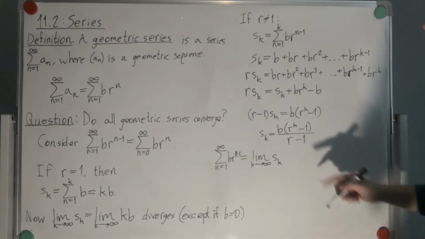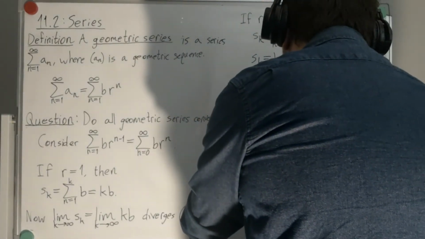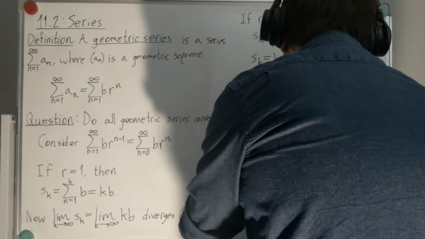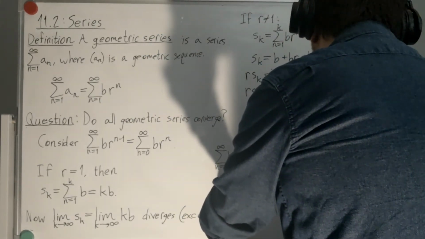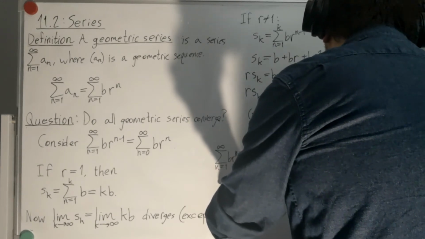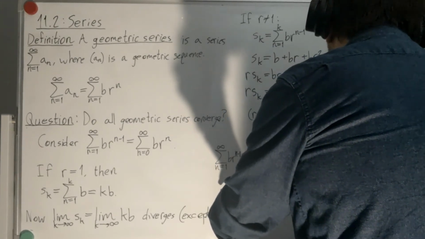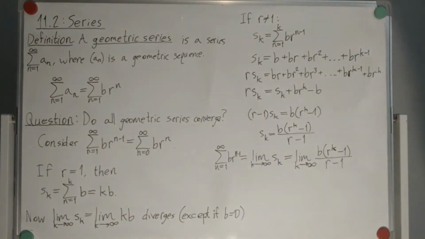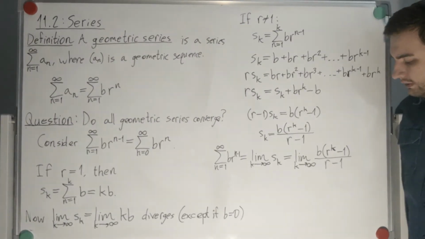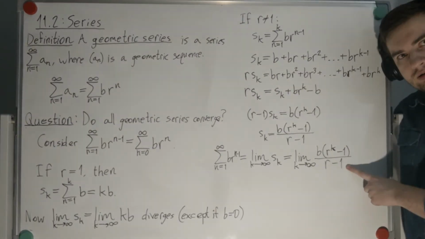So by this formula that we just figured out, this is the limit as k approaches infinity of b times r to the k minus 1 divided by r minus 1. Now let's think about that for a second. What does this approach?